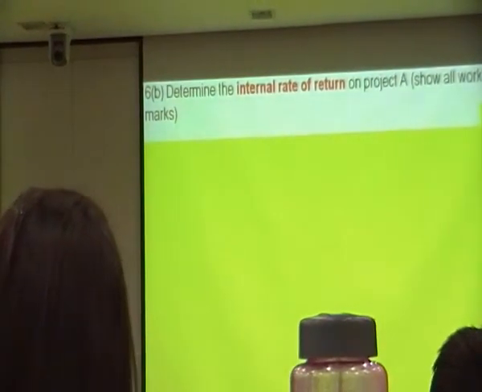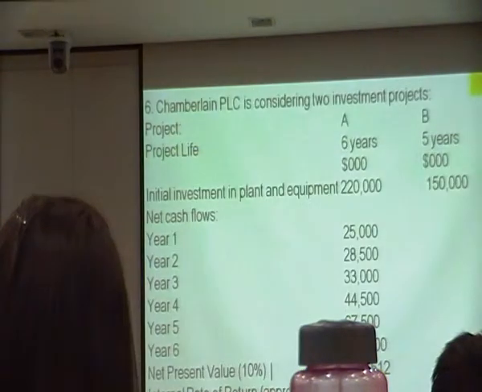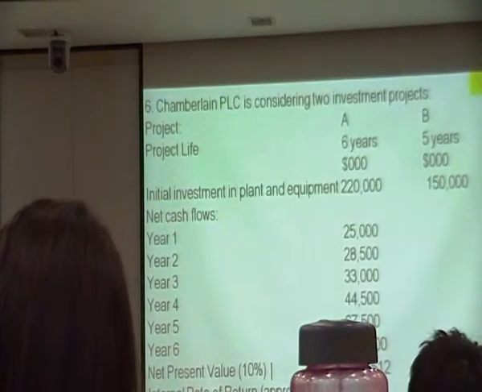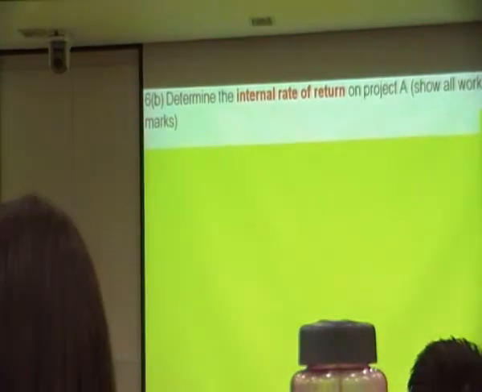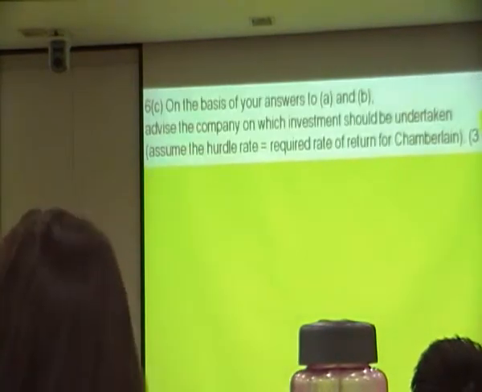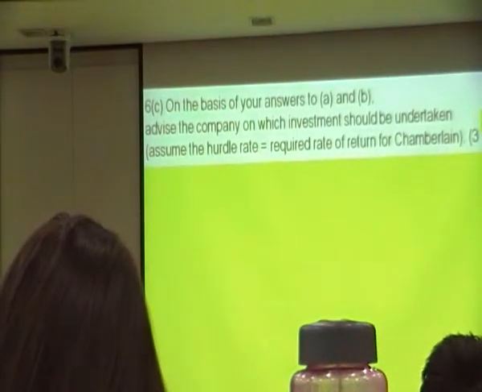So question A asks you to find this. Class, this is your question 6. Do part B as well, find the IRR. Part C as well, what should be your investment advice?